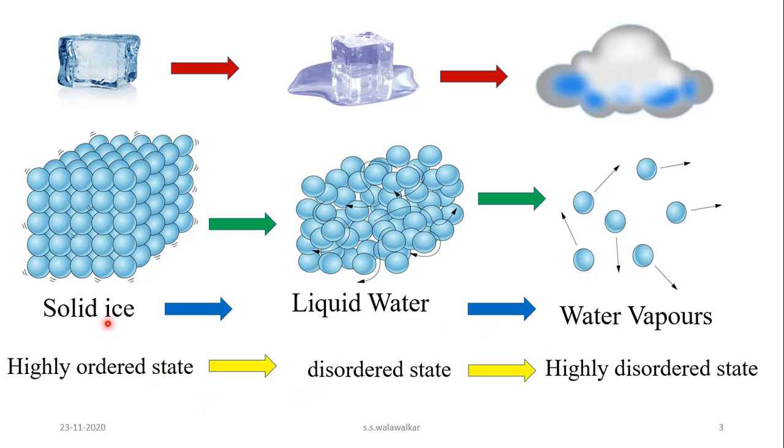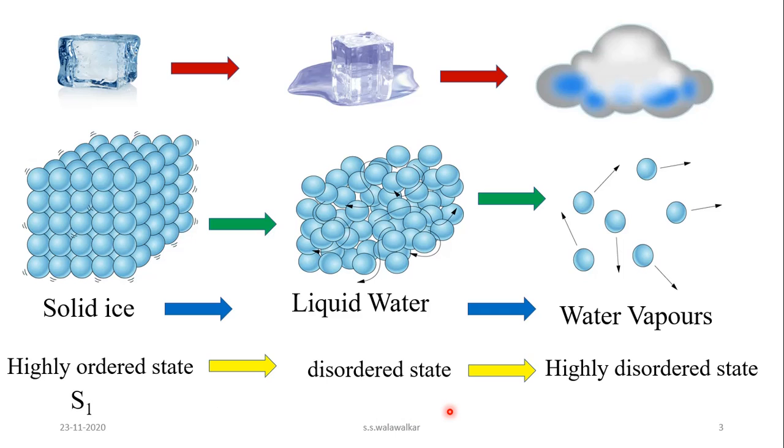Thus, during this conversion from solid ice to gaseous water, the disordered state gets converted into a highly disordered state. That means randomness is increased, molecular disorder is increased, and therefore entropy increases during this change. During the whole change, the entropy of the system increases.